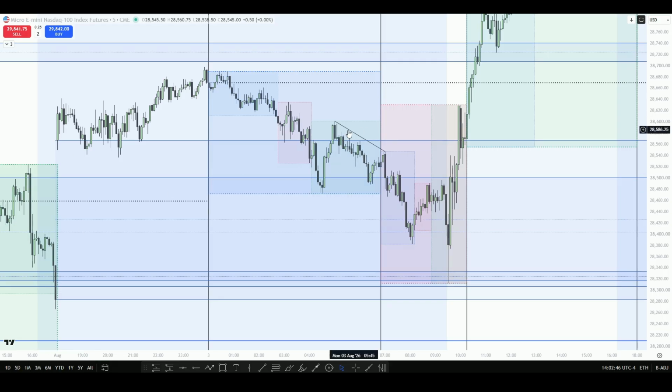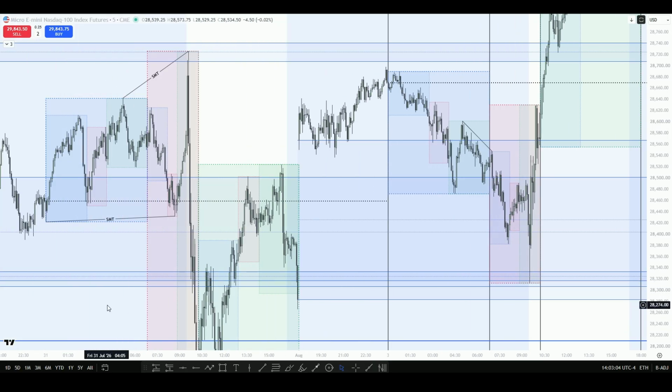So that's August 3rd. Right above it, we formed this SMT and then dropped during manipulation all the way to the lower new day opening gap, which was within the larger one. That's from July, whatever, 26th, or what was it, 30th.